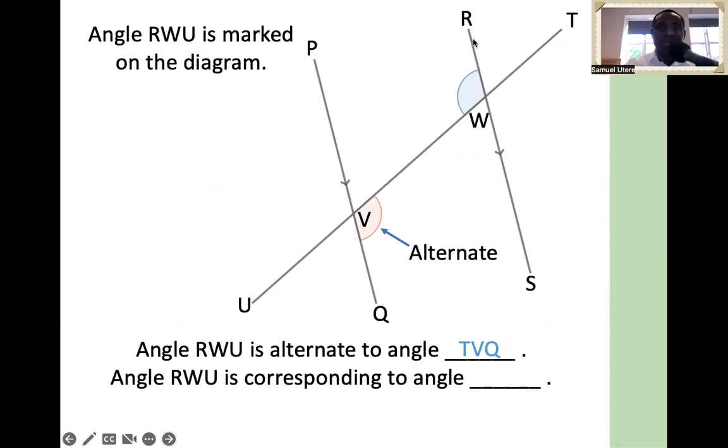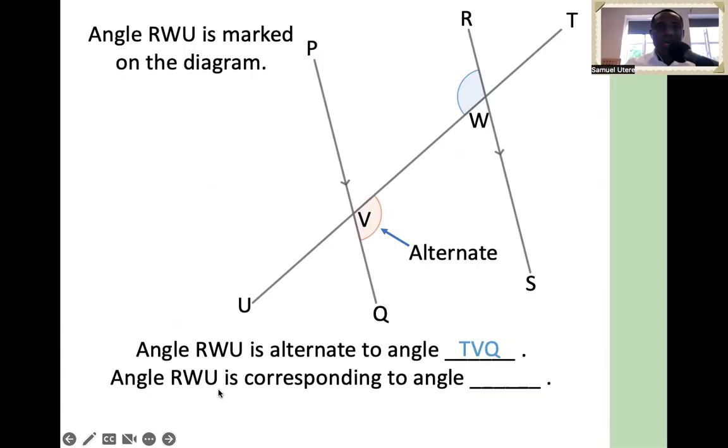You can see it right there. So it is alternate to angle TVQ. Notice how we read the angles. The middle letter tells us the position of the angle.